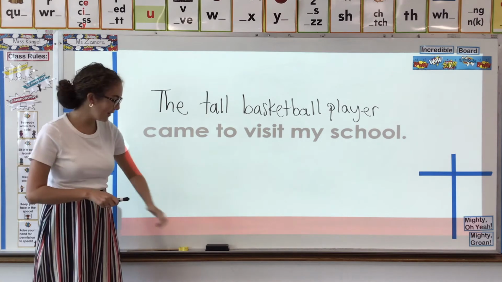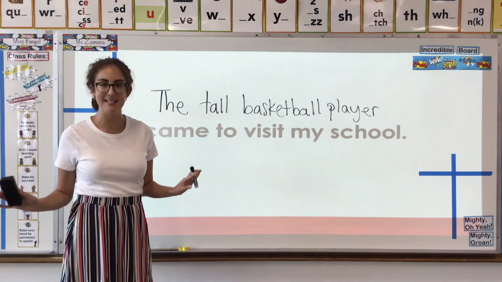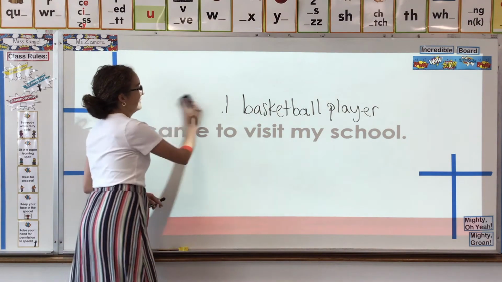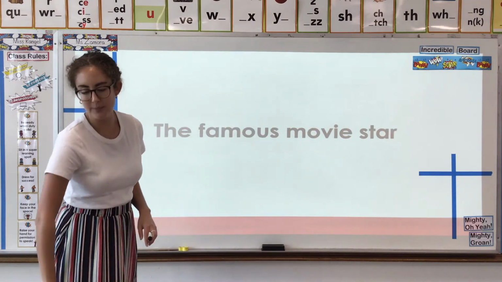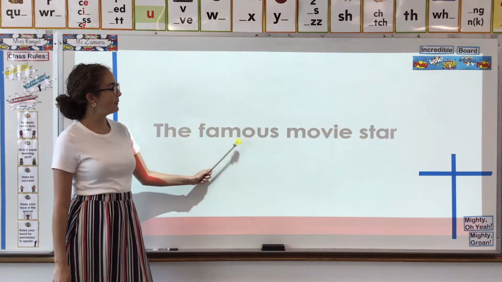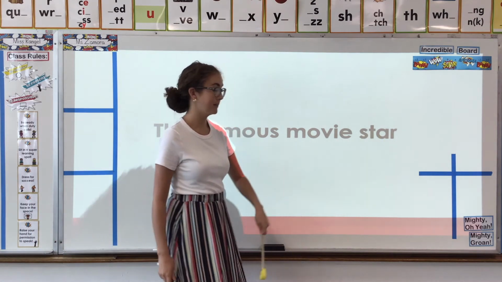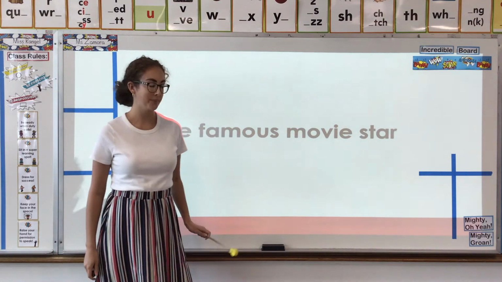Okay, let's look at another one. Remember, always pause me if you want to take more time with your sentence. That's totally okay. So let's see. What about this one? It says, the famous movie star. The famous movie star.